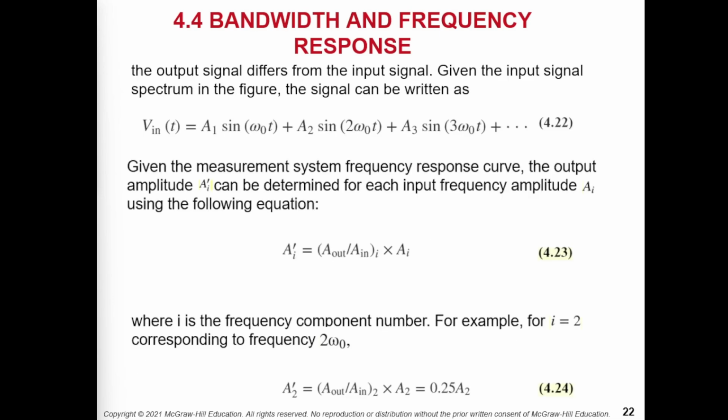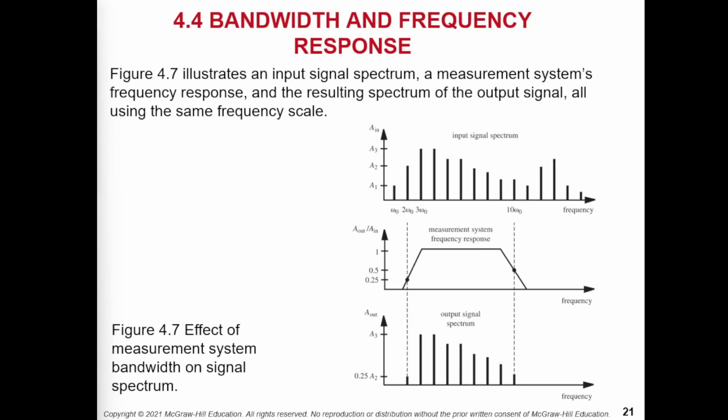You just multiply the factor, 0.25, to the amplitude of the second harmonic, which is A2. So you multiply 0.25 by A2, then you get 0.25 A2, the final amplitude.